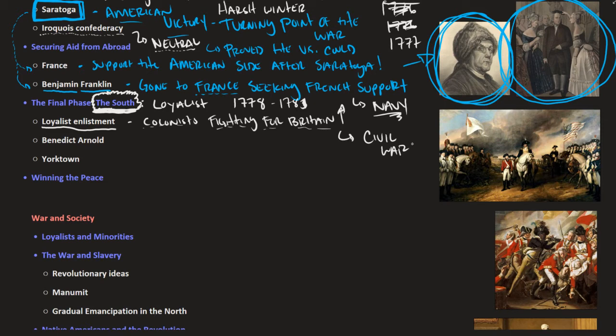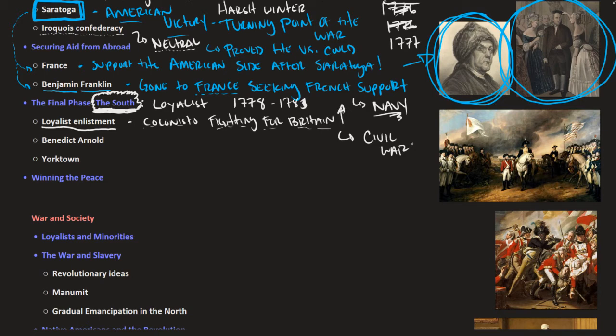There were plenty of examples of people from Maryland where one brother maybe fought for the Union and one fought for the Confederacy. But here in the American Revolution, one of the first places the British go to is Georgia. And immediately it becomes, well, you're either going to come out and sign up for the British or you're going to sign up for the American side.